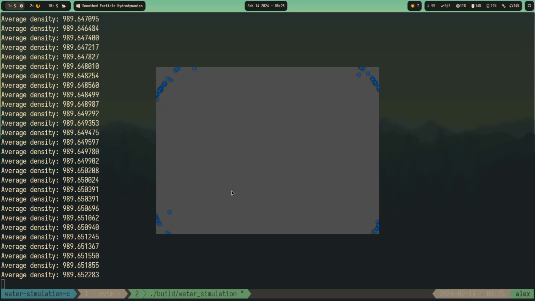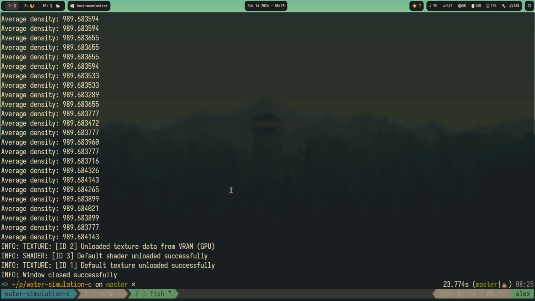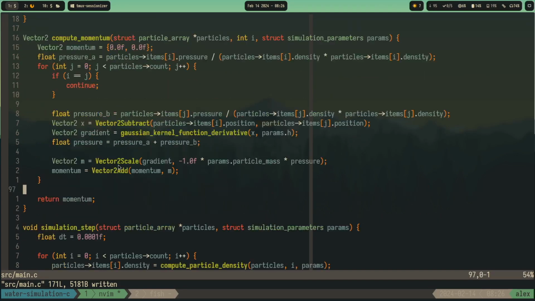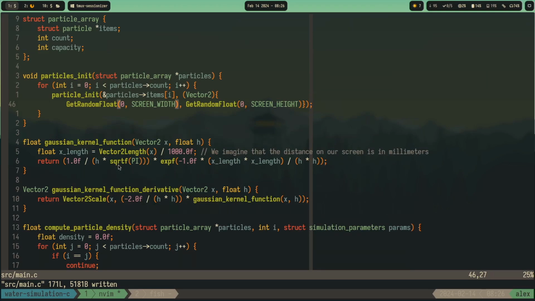So, I mean, it basically works, but it's more like a gas. And yeah, the problem is that something needs to be normalized there. Because regardless of the number of particles and the mass, we should get the same density or something.